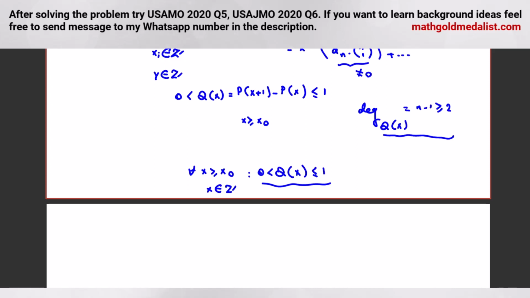And so the first term, for large x0, will be larger than the other terms. So if the first term increases, then wouldn't q of x be... Even if the other terms are negative, since the first term will be positive.